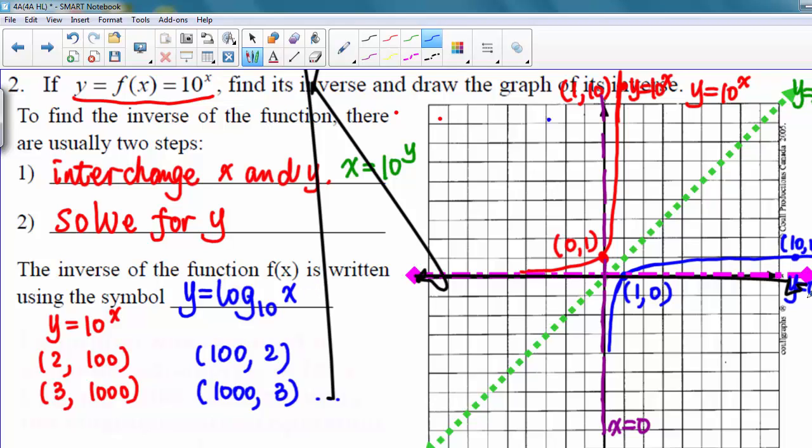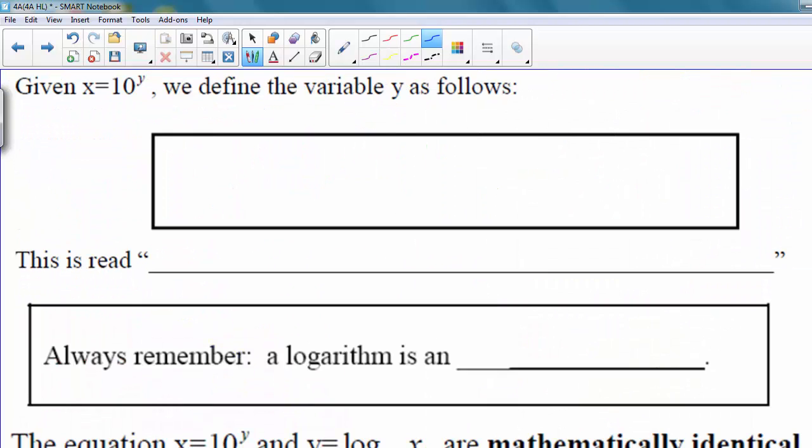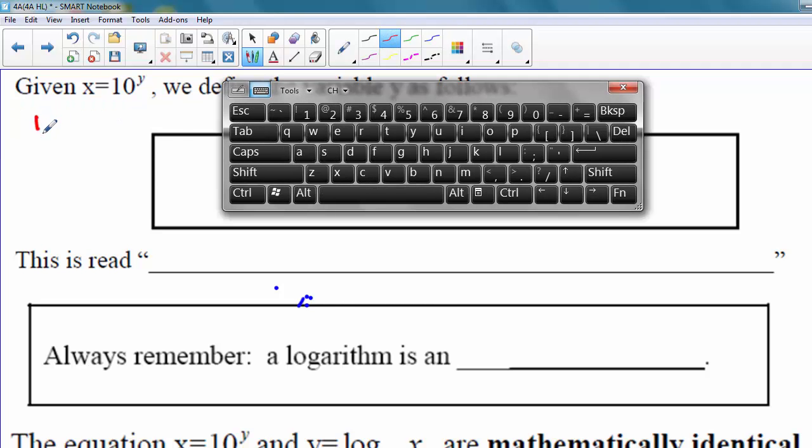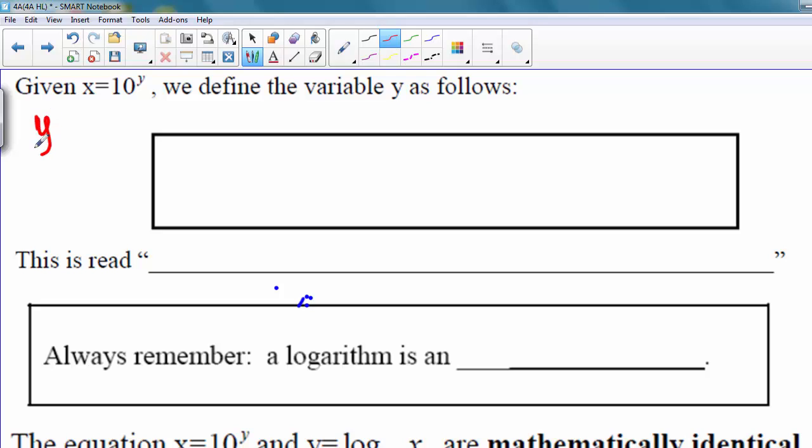Okay, so right now we look at the definition for the inverse function. Based on this one, we know this one is the inverse of y equals 10 to the power of x, and we switch around x and y.